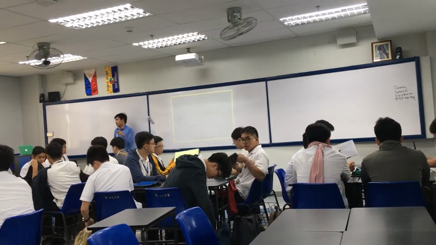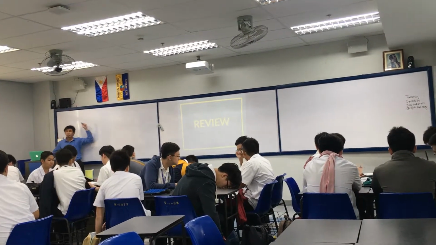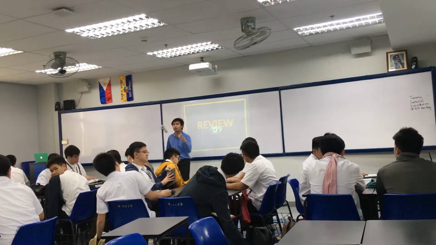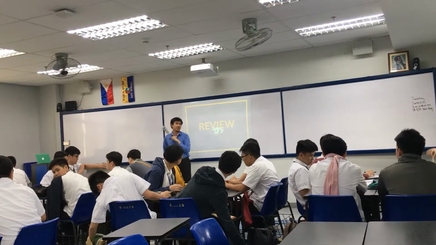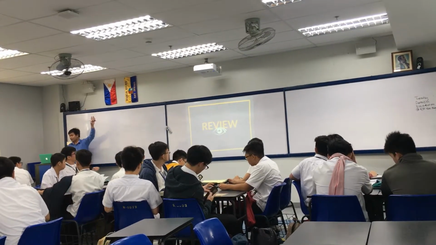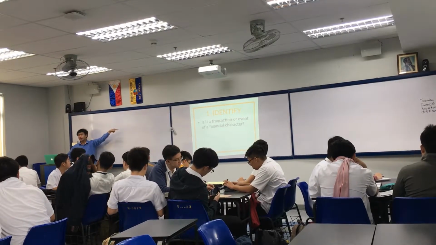Okay, so let's have a review first. When we are identifying and analyzing transactions, which we did during the unit test yesterday, we had 4 steps, right? The first step was to identify the transaction. Do you still remember this?